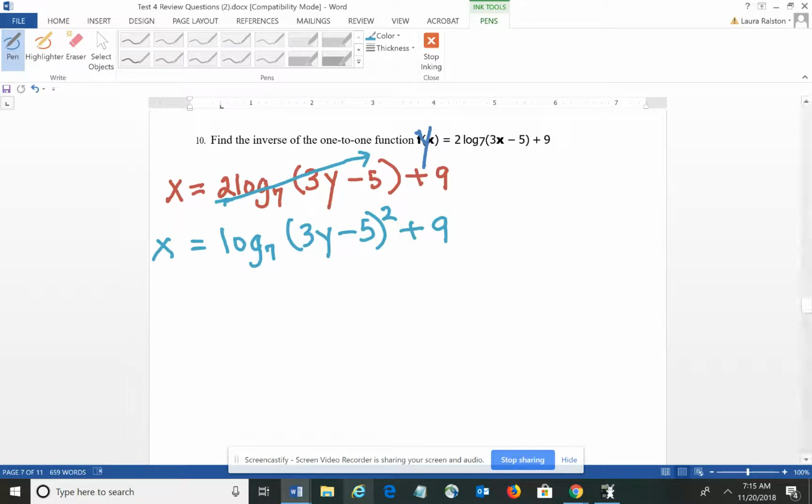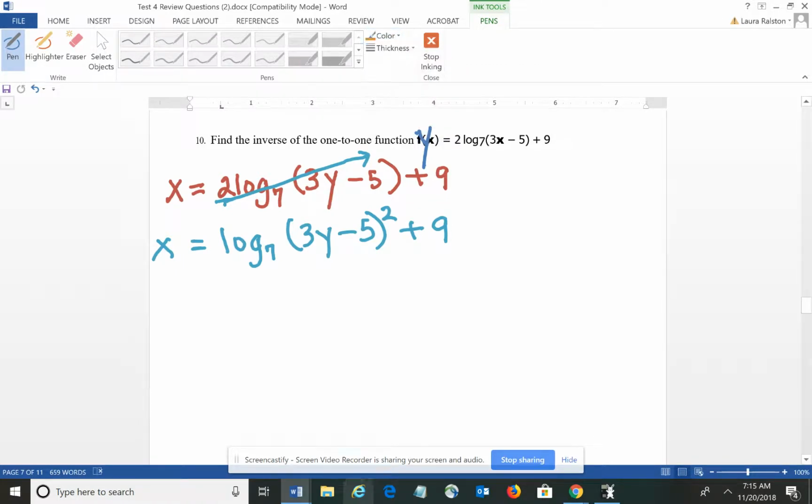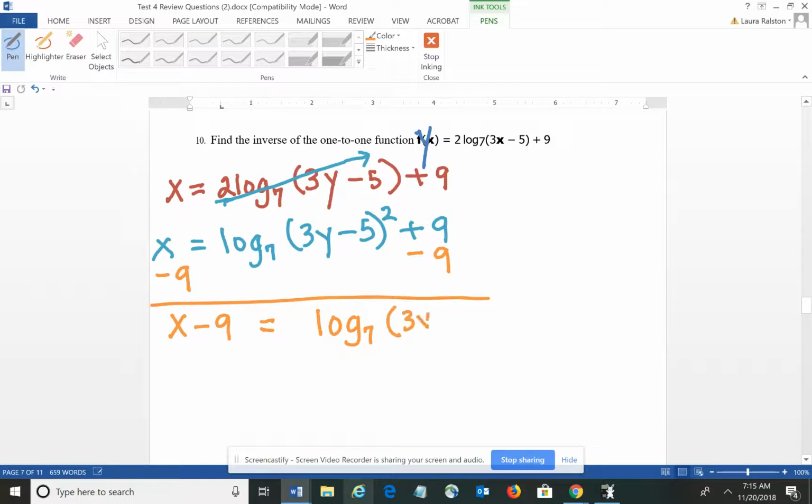Keeping in mind that my goal is to solve for y, I need to move the 9 to the other side to get the logarithm by itself. So I'm going to subtract 9 from either side. So I have x minus 9 equals log base 7 of 3y minus 5 squared.